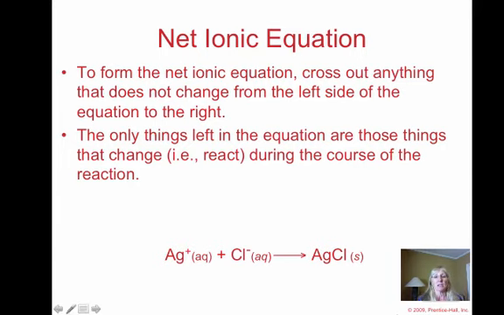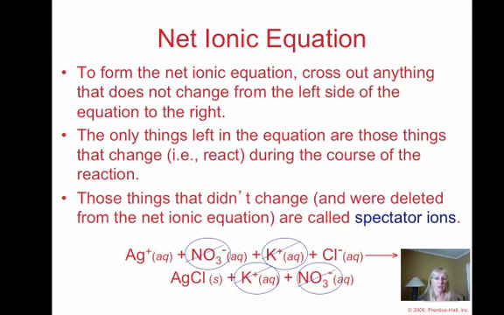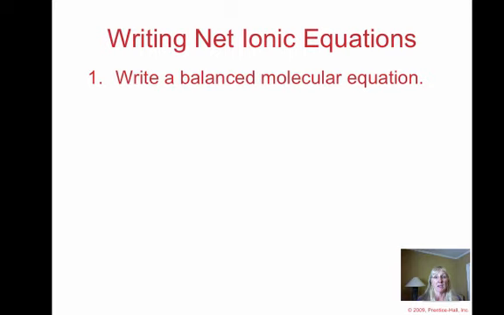Now, this is a reaction that goes to what we call completion. It formed a solid. Completion means it's removed from the mix, so to speak. Another type of product that would go to completion would be a gas bubbling off. Or a third type might be the formation of liquid water. So the things that don't change, that don't take part in the formation of the precipitate or liquid water or gas product, are called spectator ions.